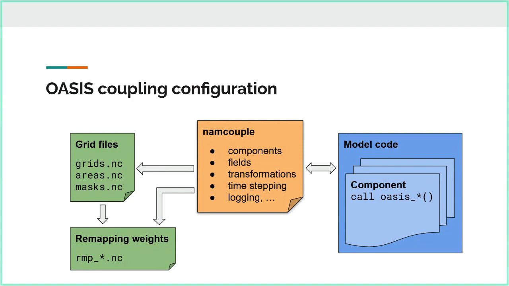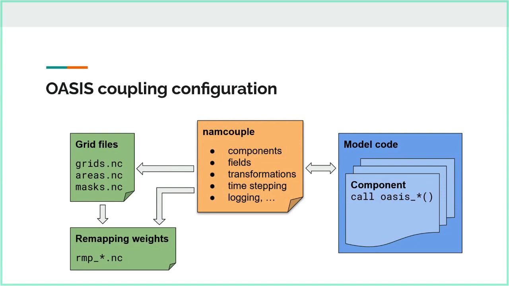But there are other files around. There's a bunch of netCDF files that describe the grids, the coordinates of the cells and the corners of the cells, the areas, the masks, and so on. Then there are the remapping weight files, also netCDF, which we have discussed in this workshop quite a lot for different reasons.